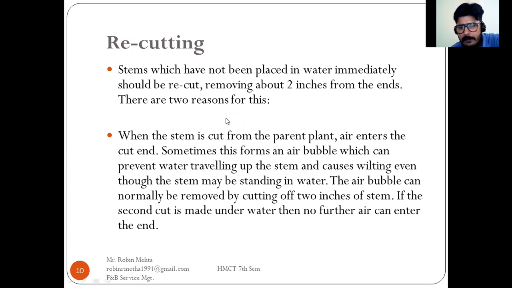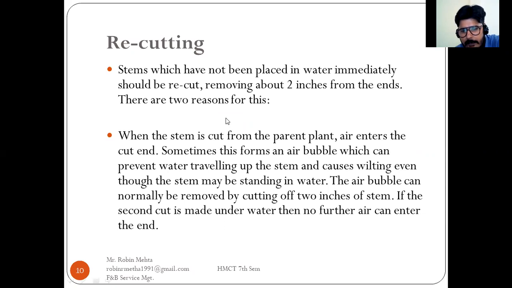This air bubble can normally be removed by cutting off 2 inches of stem. You just give a cut 2 inches from the actual cut, and the suction of water becomes normal again.